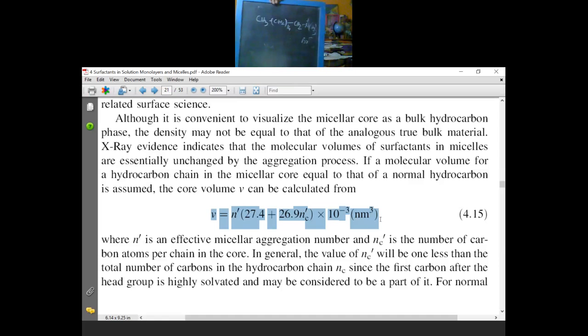See, I wrote one terminal methyl, 14 methylene groups, then another one, in total 16 carbon atoms, and trimethyl ammonium bromide. Why am I writing it in that way? This methyl moiety has a volume of 27.4 nanometer.